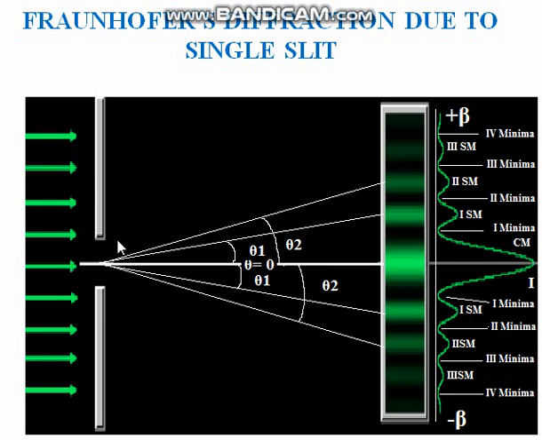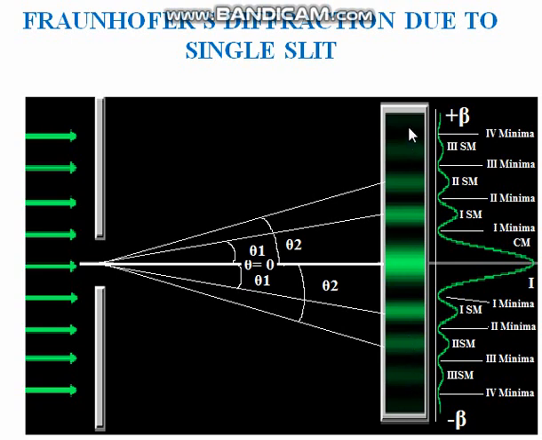Each point of this opening acts as the source of secondary wavelets. These secondary wavelets emerge through the opening to the screen, and they superimpose on each other, and due to the superposition of these secondary wavelets we obtain the intensity distribution on the screen.